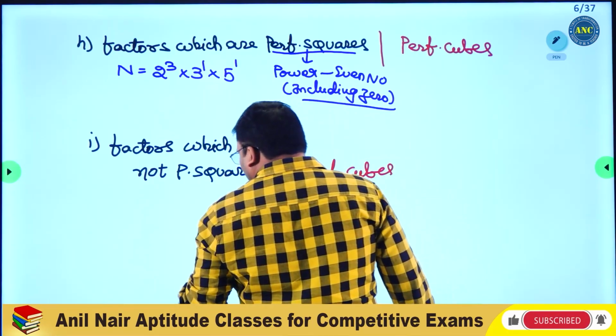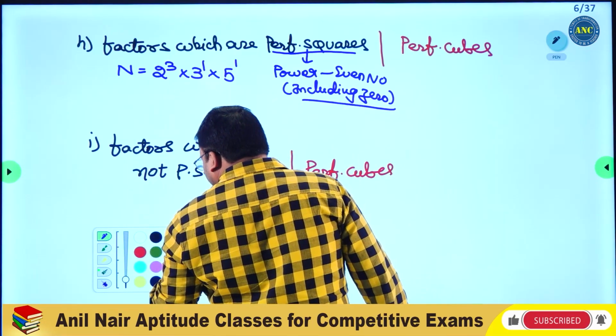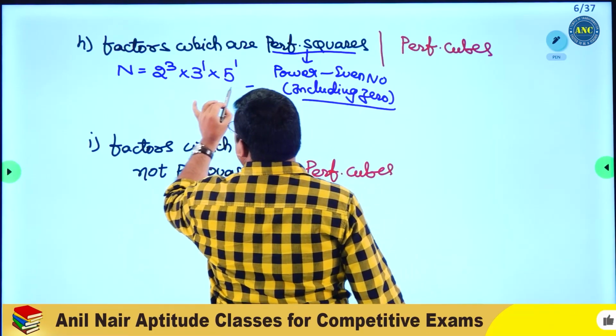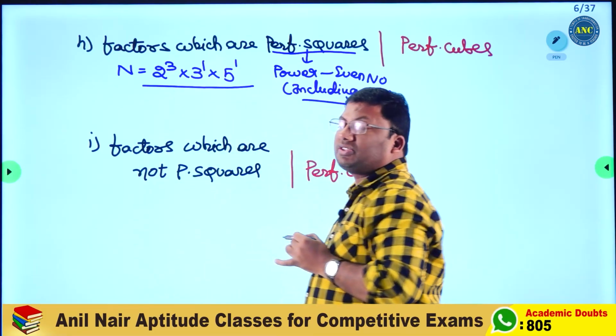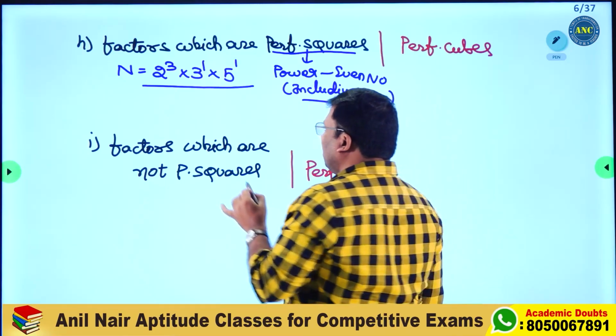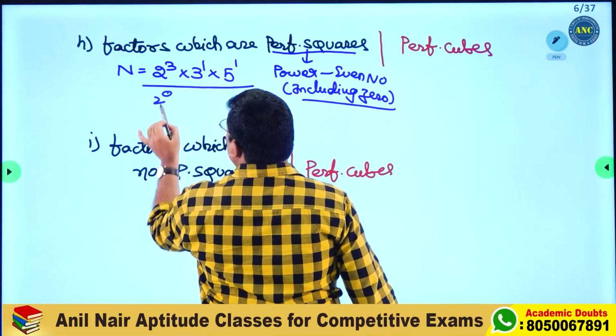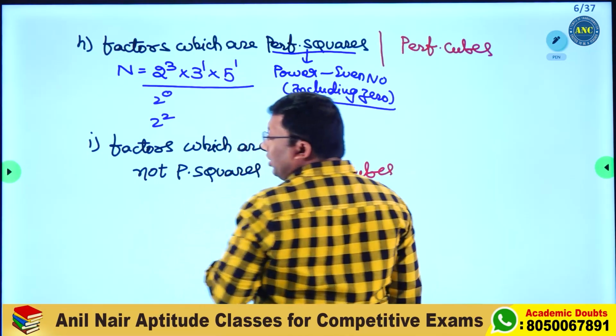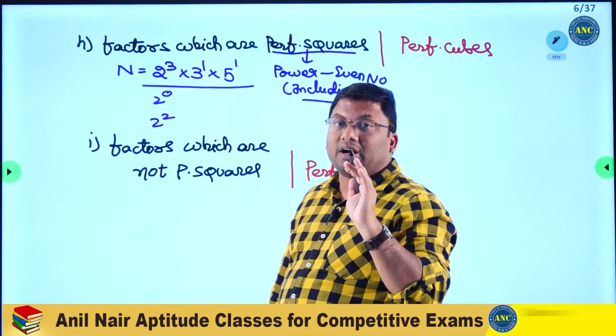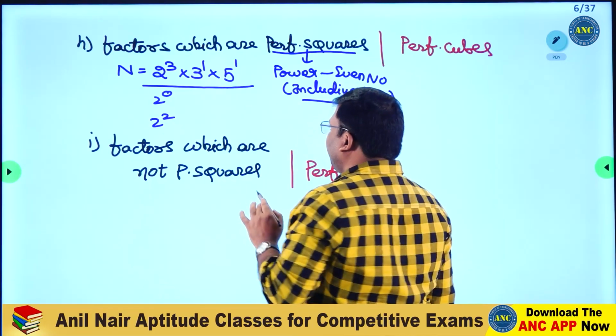N is 2 cube into 3 into 5. So, only take the powers as even numbers including 0. Here it is 2 power 0, 2 power 2. 2 power 1 we will not take because the power is an odd number.